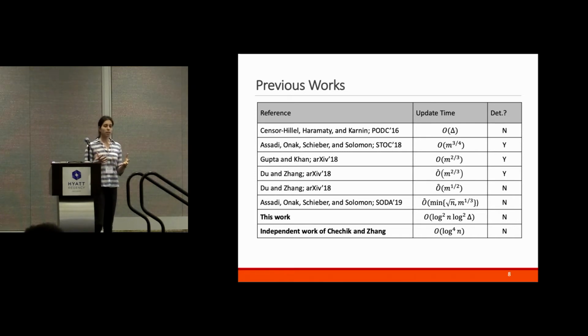Let me explain why O of m is very simple. After each update, we can just construct the MIS from scratch with a simple greedy algorithm, which takes O of m. And after another series of works, the state of the art before our work was still polynomial.